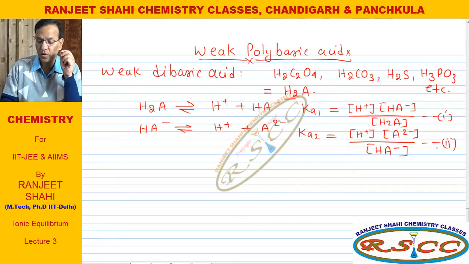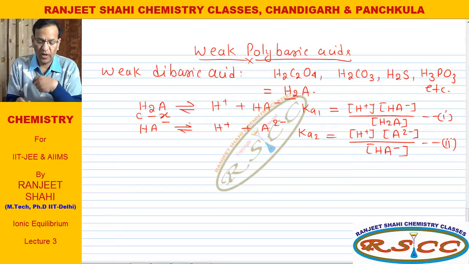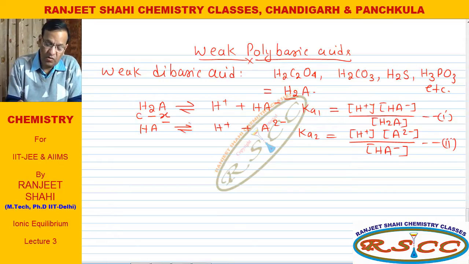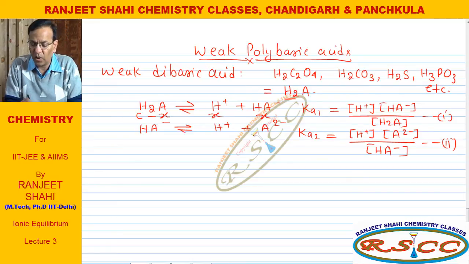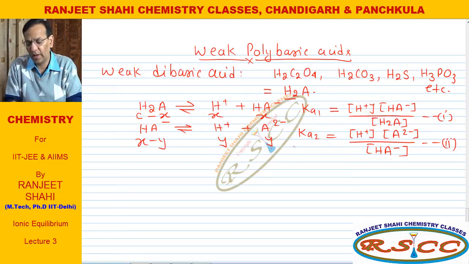Now, if we have, say, initial concentration of H2A as C, and out of C, x mole per liter of H2A has been ionized, it will produce x mole of H+ and x mole of HA-. But out of this x mole of HA-, some y mole of HA- will be ionized further to produce y mole of H+ and y mole of A2-.